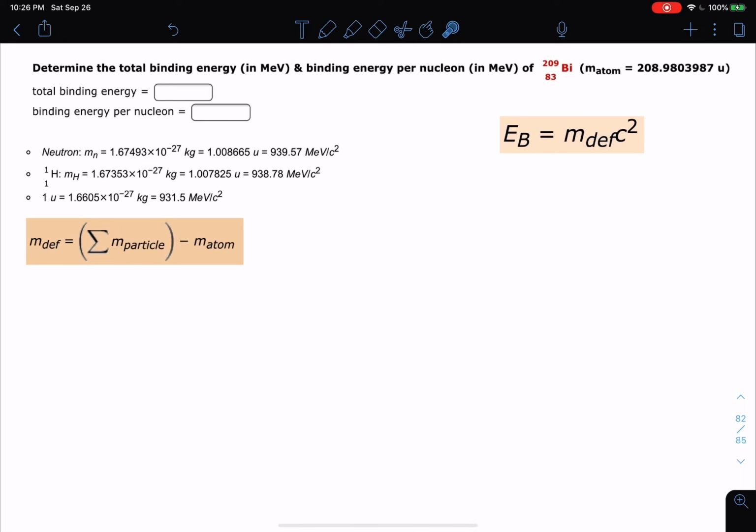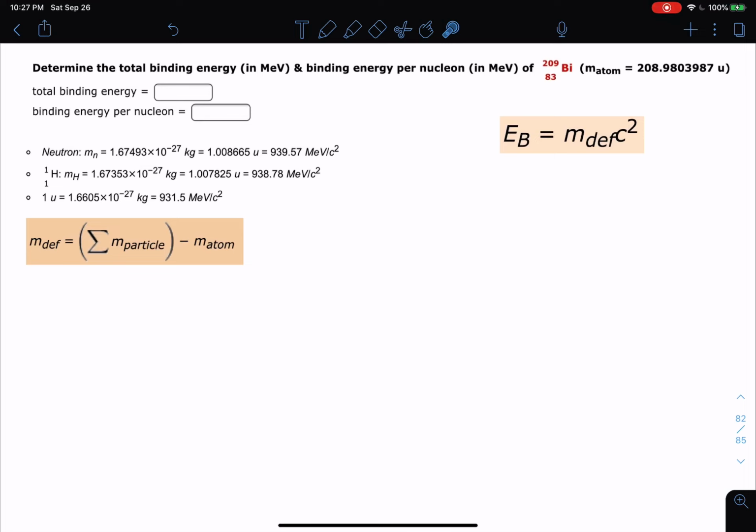Now, mega electron volts. What are those? One electron volt is the amount of kinetic energy an electron would have if it accelerated from rest through a potential of 1 volt. Mega just means 10 to the 6th, so this is just 10 to the 6th electron volts. The whole reason we use electron volts is that in situations like this, we're talking about small amounts of energy.